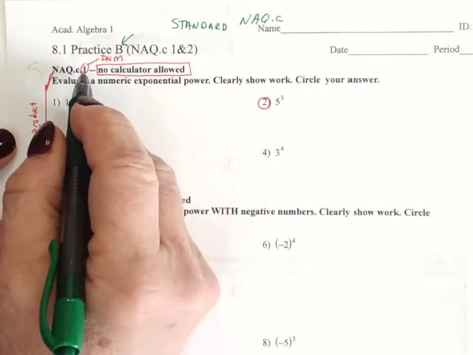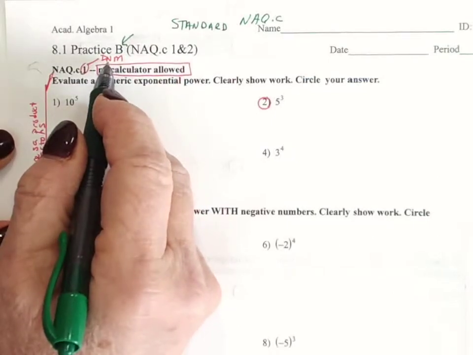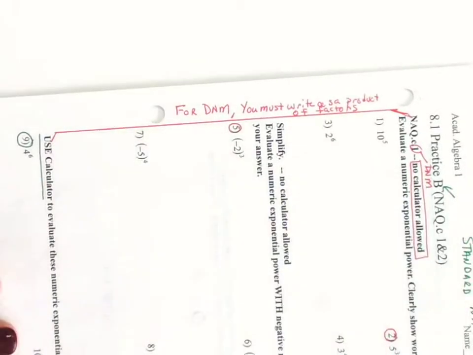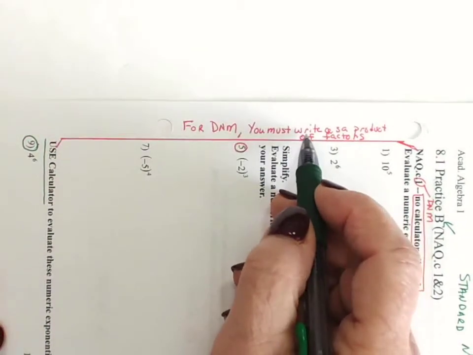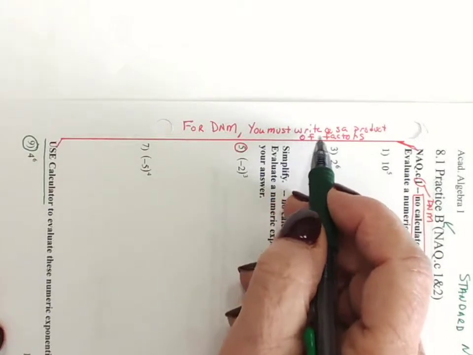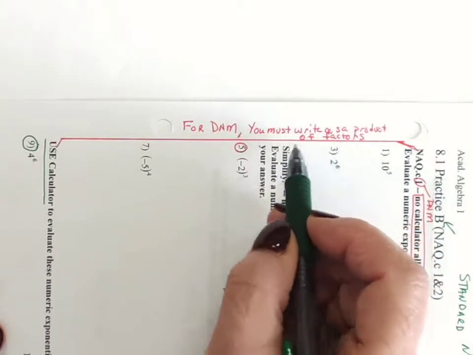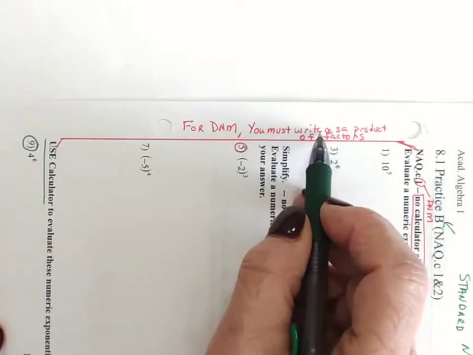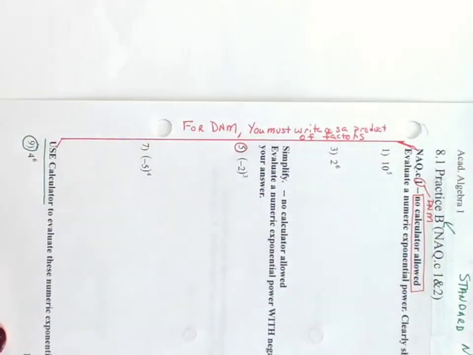And just to reiterate, the level 1 objectives are does not meet. So whenever you have a does not meet problem, you must write it as a product of factors.